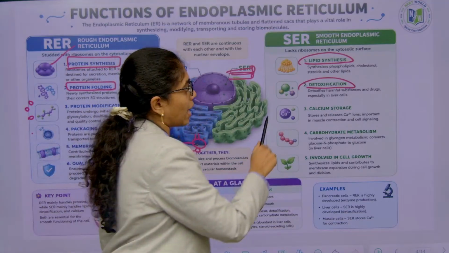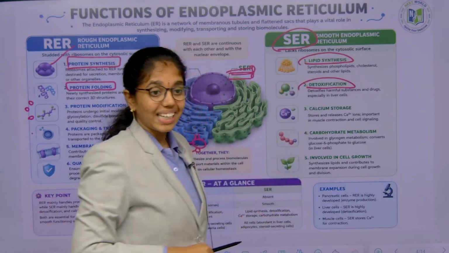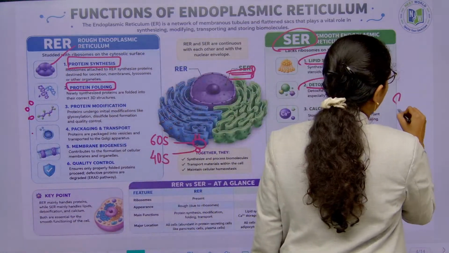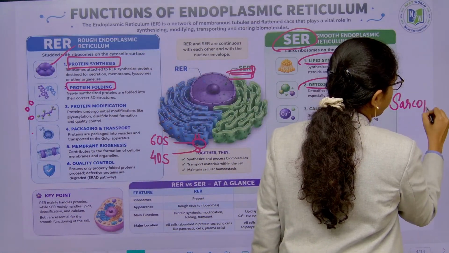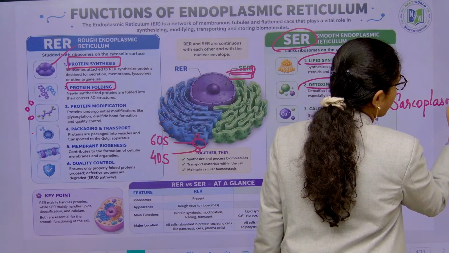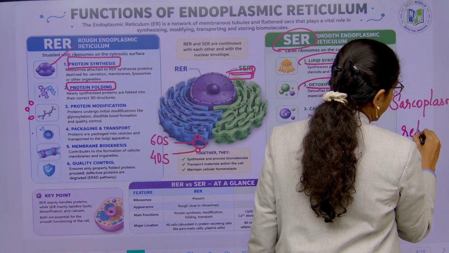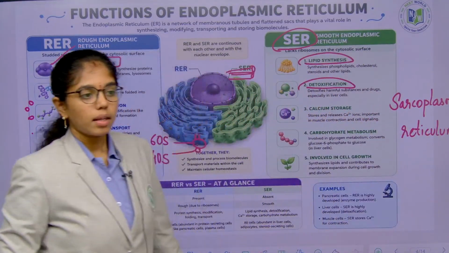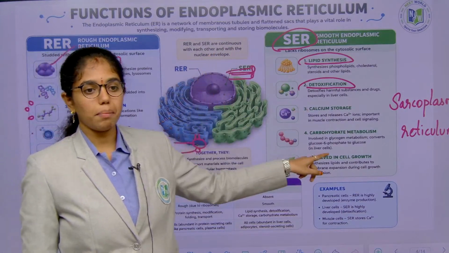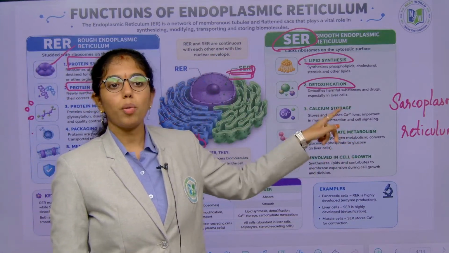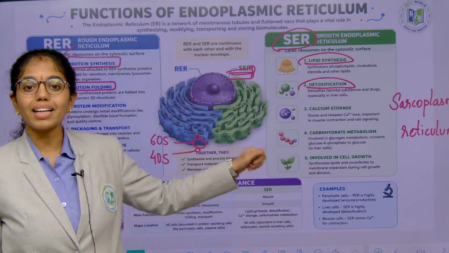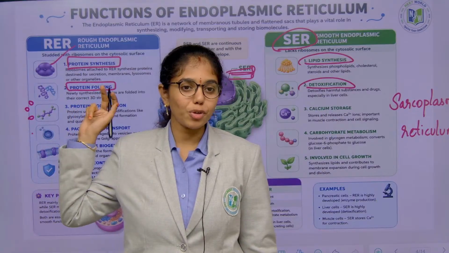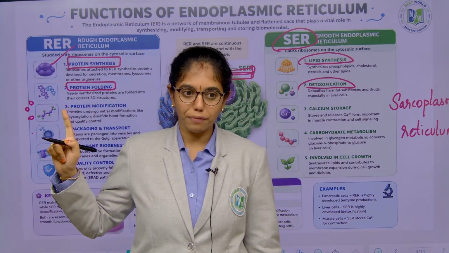The smooth endoplasmic reticulum present inside muscle cells or muscle tissues is known as what? Sarcoplasmic reticulum, which controls what? Calcium ion concentration. So, with respect to functions, in RER there is only one function, protein synthesis, you have to remember.